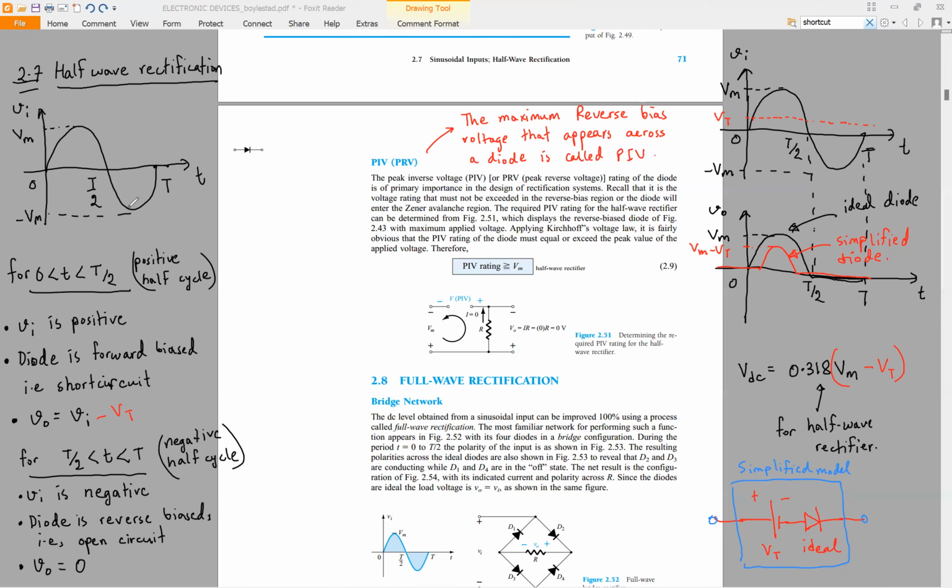The input cannot be more negative than minus Vm. So our PIV rating should be greater than Vm, because Vm is the maximum reverse bias voltage that will appear across the diode. Let me explain using the practical diode model. Our practical diode looks something like this.